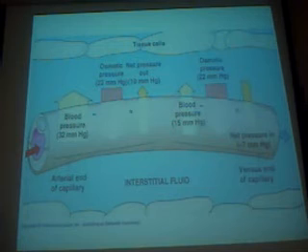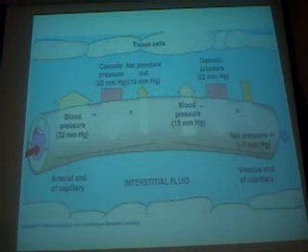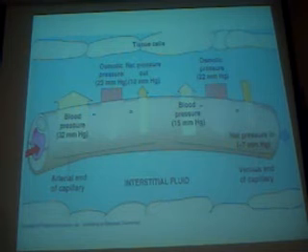Okay, so at your arterial end, we're looking at a higher HPC. That's successfully pushing those fluids out.